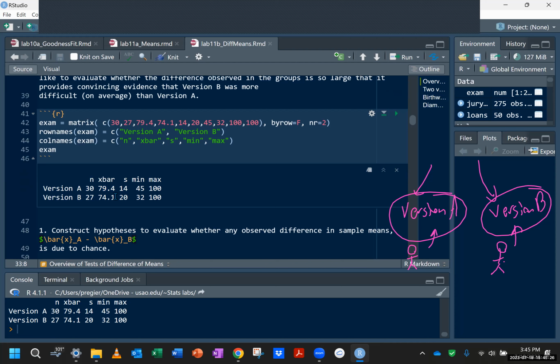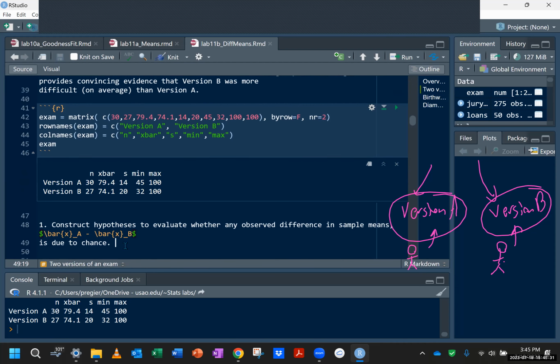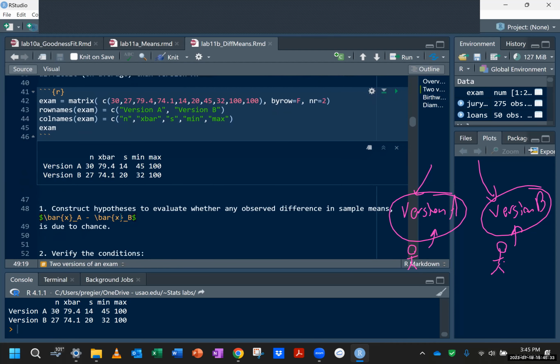And so we say, wait, we can conduct a test of sample means with this. Our test asks whether this difference between the two test scores is due to chance. Our null hypothesis concerns our population: mu1 minus mu2 is 0. This is saying the difference of test scores is 0.